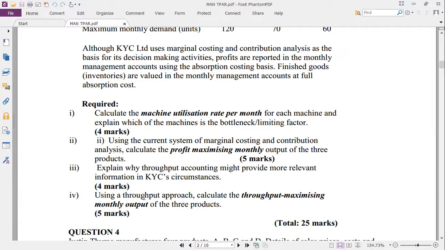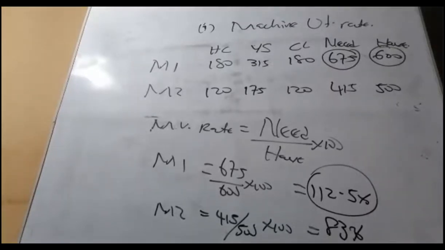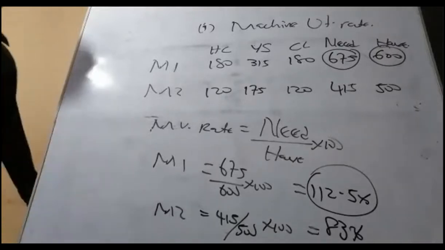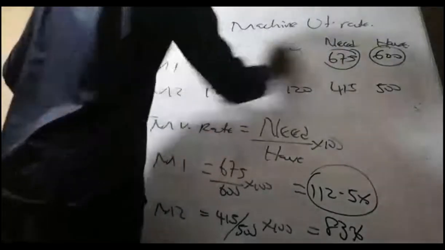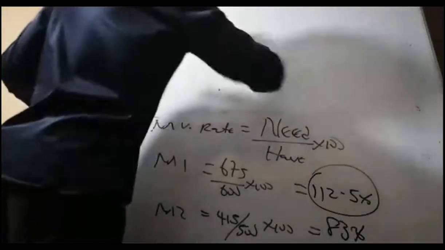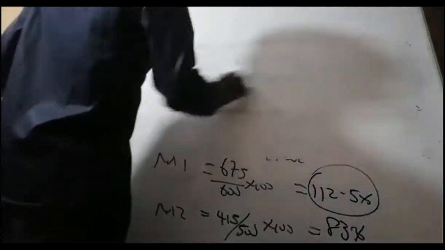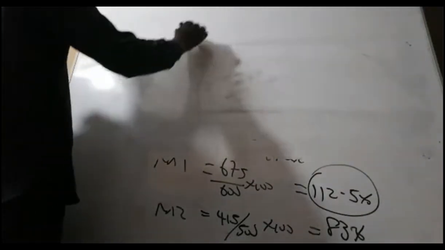I'll go straight to the IV. That's using what? The throughput. So throughput analysis. Let's go to throughput analysis. So optimize production plan. So first, IV, an assumption.